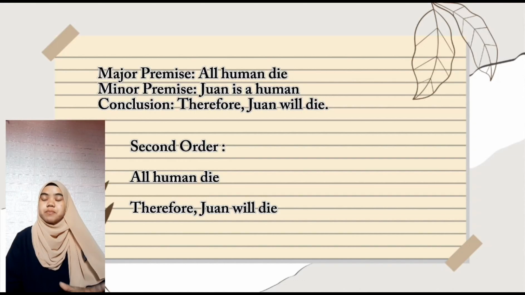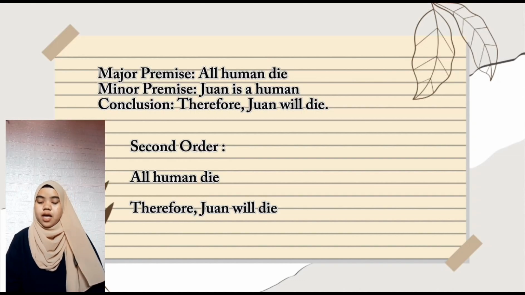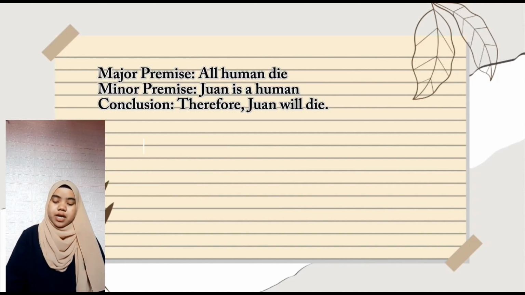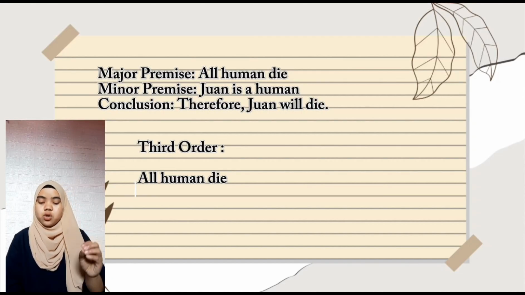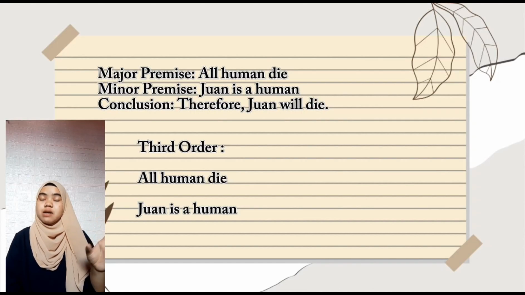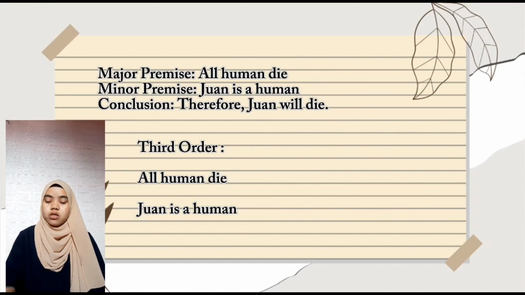But still, the statement is understandable. And the third order naman is the conclusion is missing. So, all humans die, Juan is a human. Still, understandable pa rin siya kahit walang conclusion.